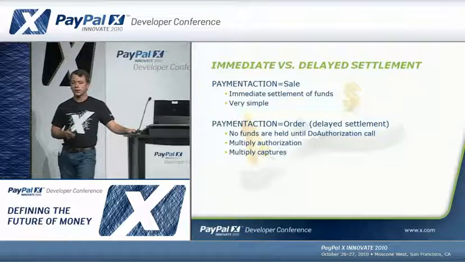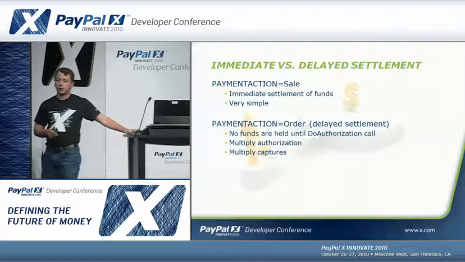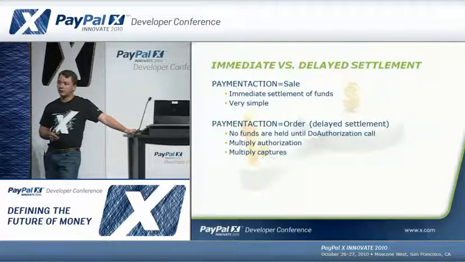So what payment action equal to order allows you to do is create a PayPal order ID when you run the Do Express Checkout call. And then from there, you can create multiple authorizations and do multiple captures on those authorization IDs.